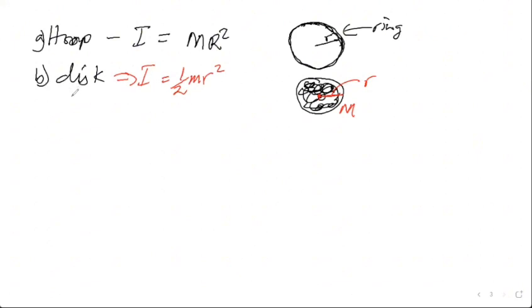This also applies to a cylinder. A cylinder has the same expression for the moment of inertia.